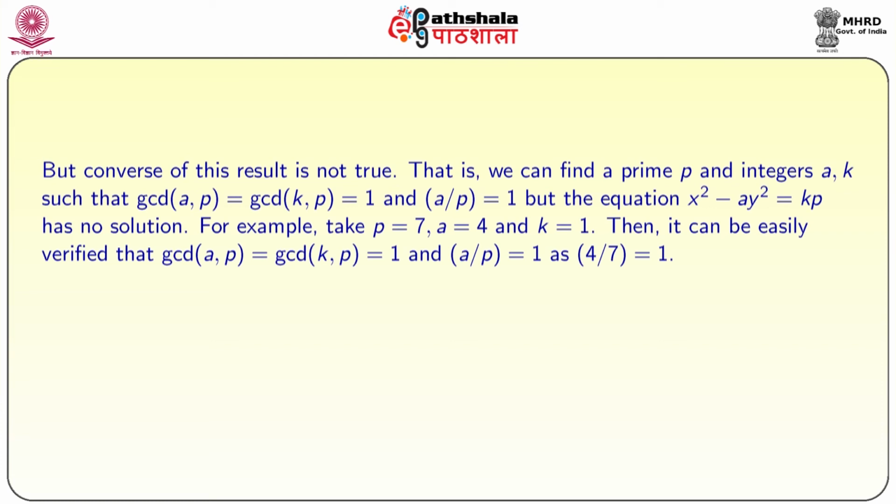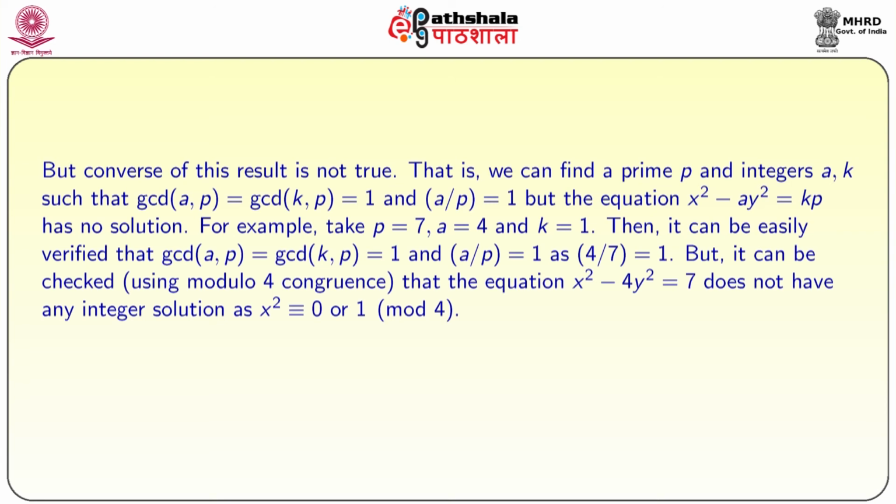Then it is easily verified that GCD of a and p equals GCD of k and p equals 1. Also (a/p) equals 1, as 4 is a quadratic residue modulo 7. So (4/7) equals 1, but it can be easily checked, using the modulo 4 congruence, that x square minus 4 y square equals 7 does not have any integer solution, as x square is congruent to 0 or 1 mod 4.